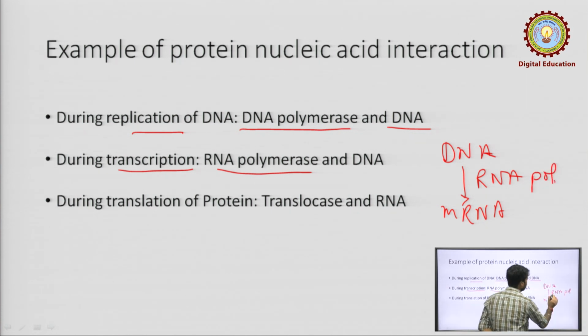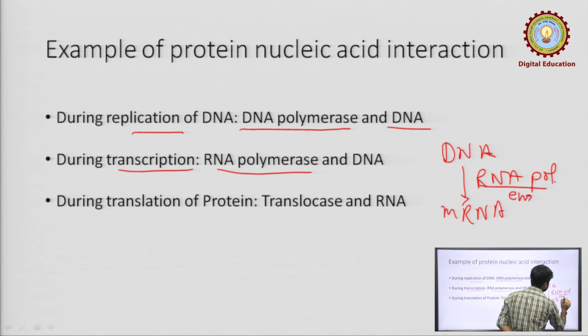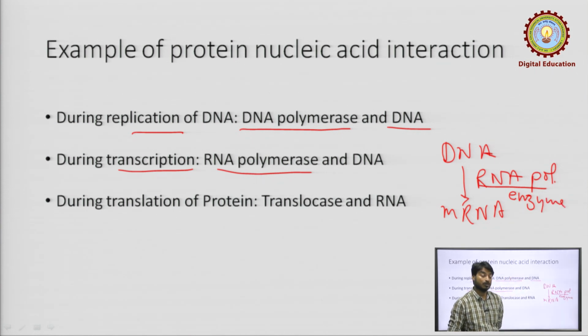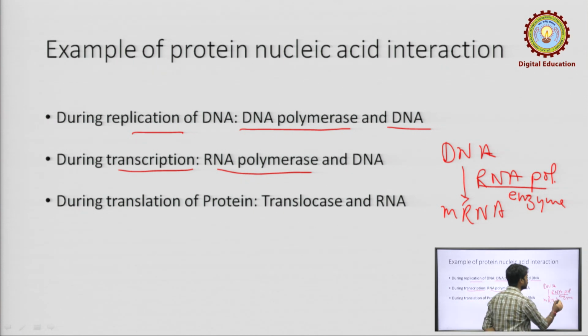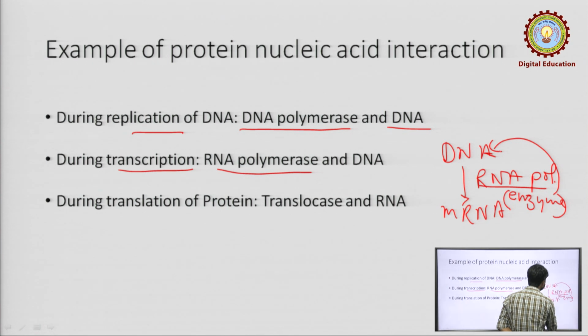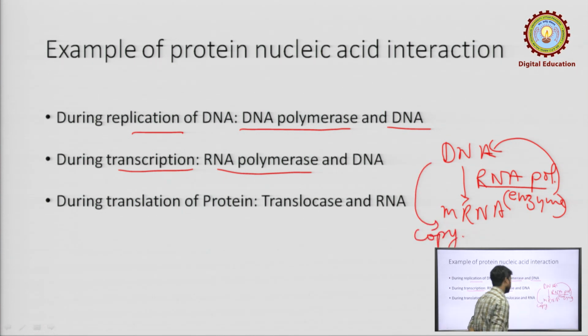This is a type of enzyme, and we know that all enzymes are proteins, but all proteins are not enzymes. These enzymes will interact with this DNA to make a copy of messenger RNA.